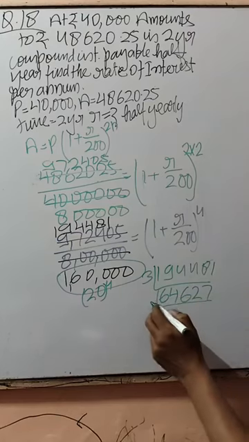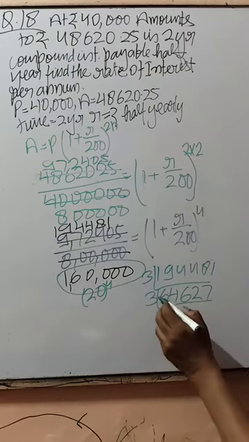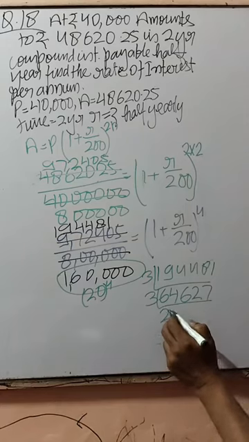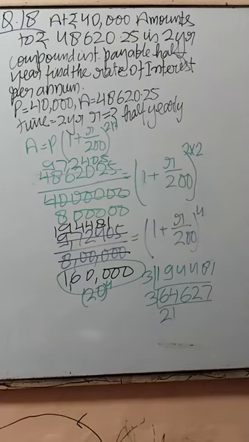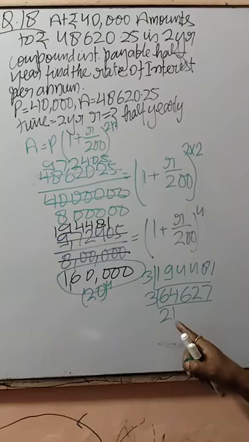Again we divide by 3. So we get how much? 2 times 3 becomes 6, 1 time 3.